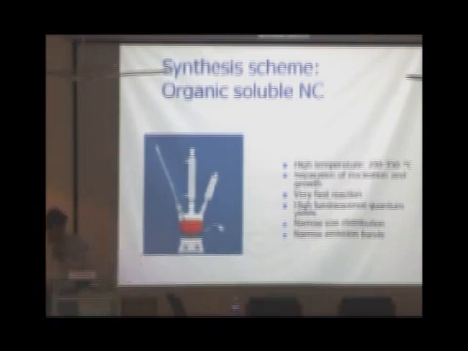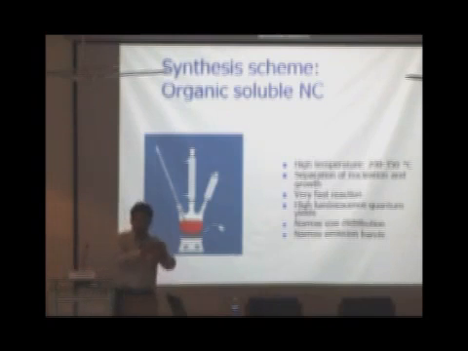Some of the methods, like microwave synthesis or solvothermal synthesis, give you a rather broad size distribution. But in this particular scheme you can separate nucleation and growth. That means you have the atoms, and you first form nuclei on which more and more atoms get deposited to form the particles.